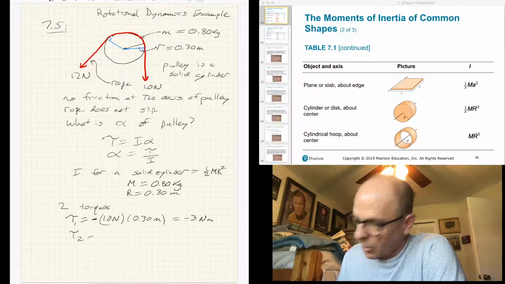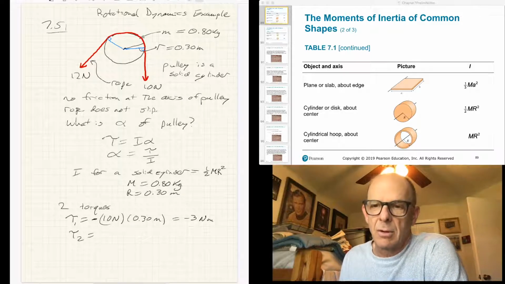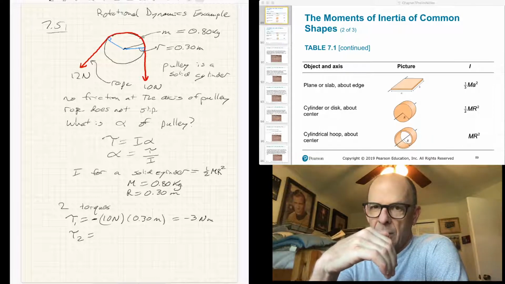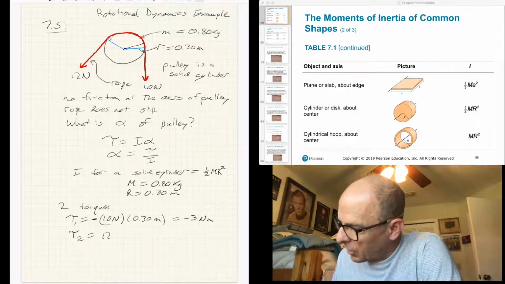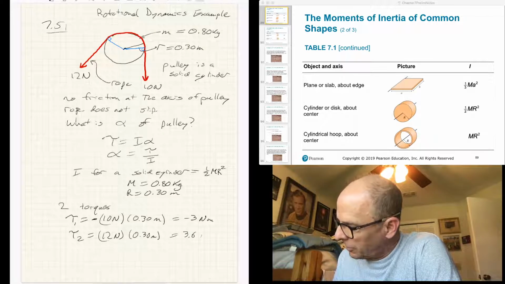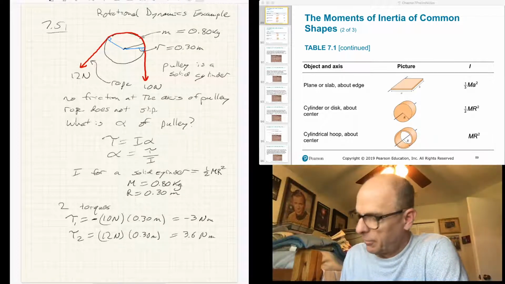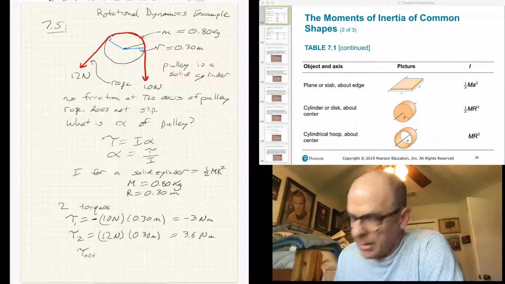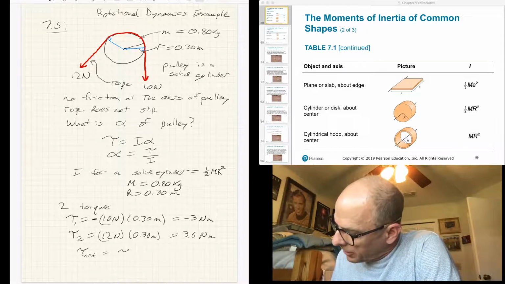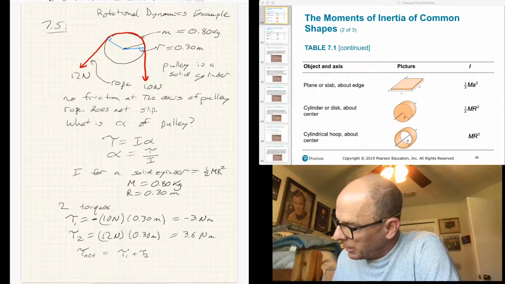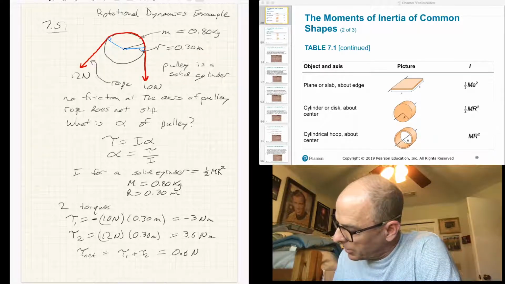Torque 2, the torque due to the 12 Newton force, is trying to make the thing rotate counterclockwise, so that's positive. So it's 12 newtons times 0.30 meters, which is 3.6 Newton meters positive. So the net torque is the sum of all the torques, and that's 3.6 minus 3, which is 0.6 Newton meters.